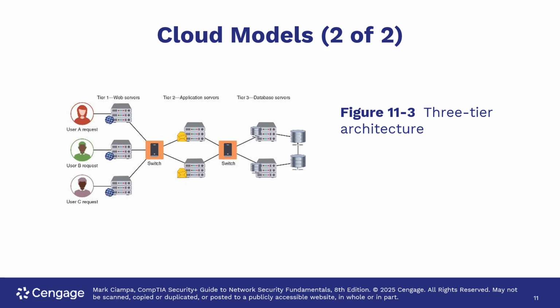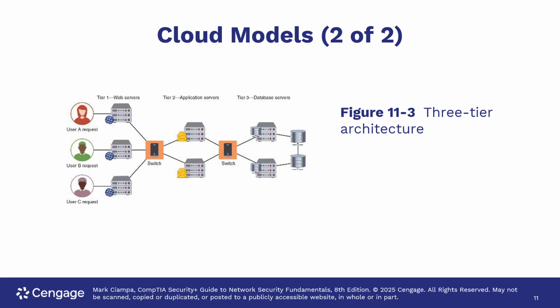And so here's an example of a three-tiered architecture. Tier 1 is your web servers. Tier 2 are the application servers. And Tier 3 are your database servers. So you might have users A, B, and C that make a request on a web server.